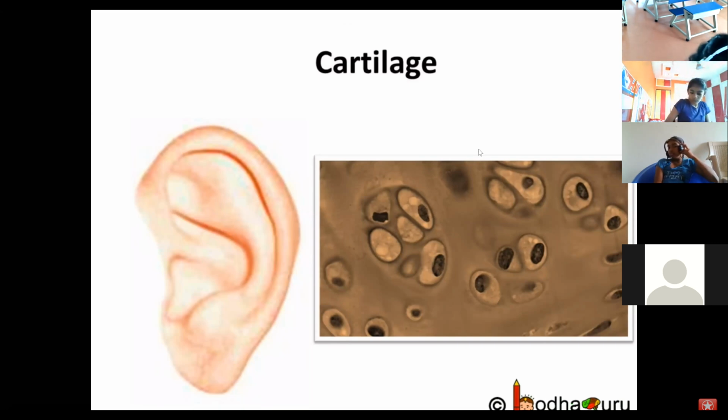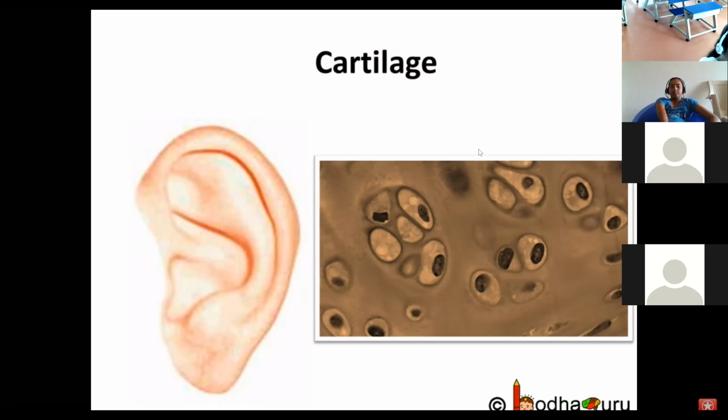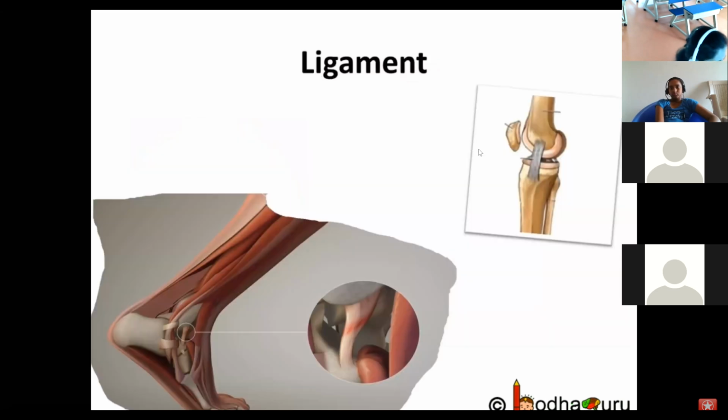Apart from ears, cartilage is also present in the nose, trachea, larynx, etc. So, the cartilage supports bone. In the nose and ear, the cartilage creates a supportive structure. So, it is a connective tissue. Now, the two bones are connected to each other by an elastic tissue, which also has considerable strength.